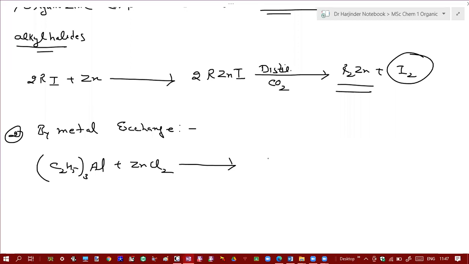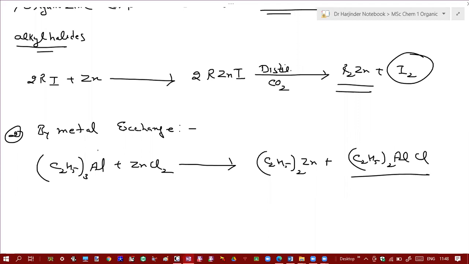Exchange of metal takes place and you get diethyl zinc, plus diethyl aluminium chloride. If you balance this equation, you will get 2 here and 2 over here. So these are the two reactions by which these dialkyl zinc compounds can be prepared.